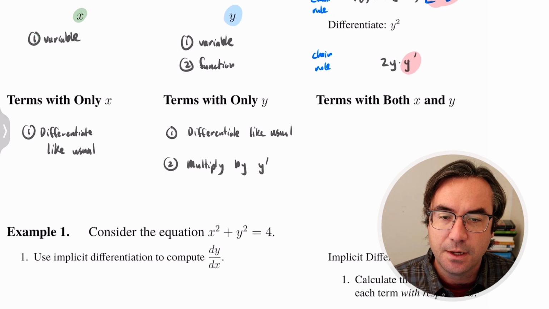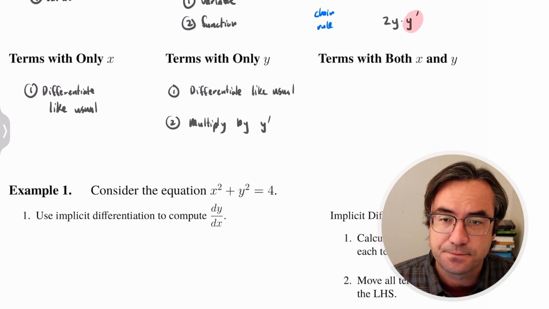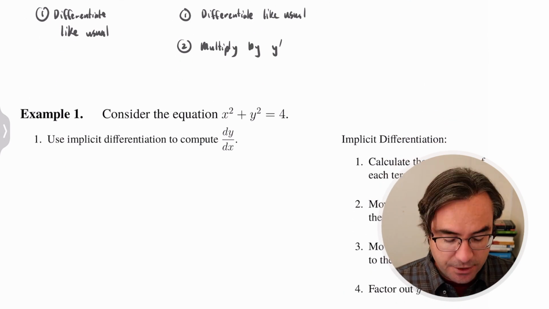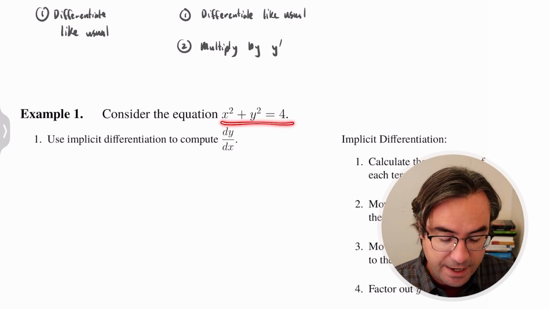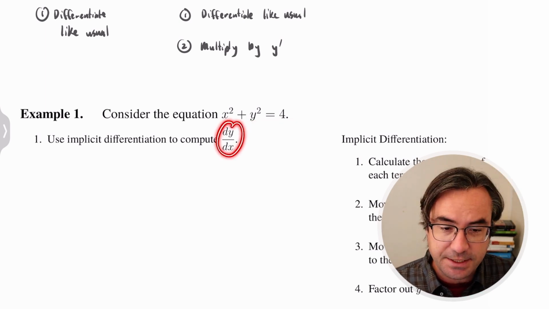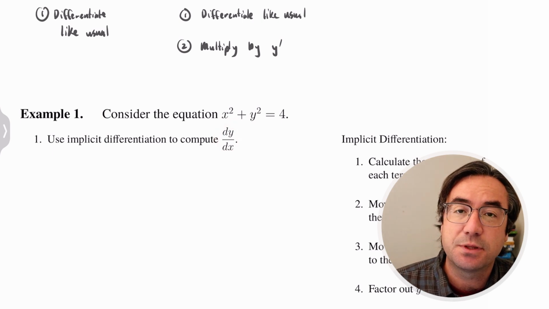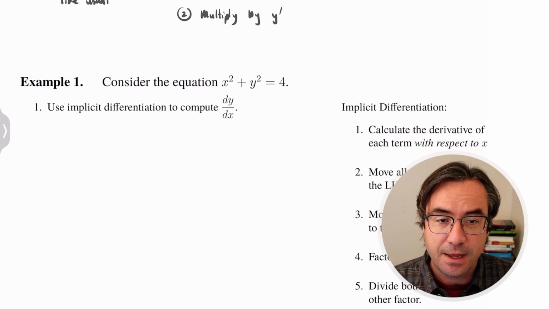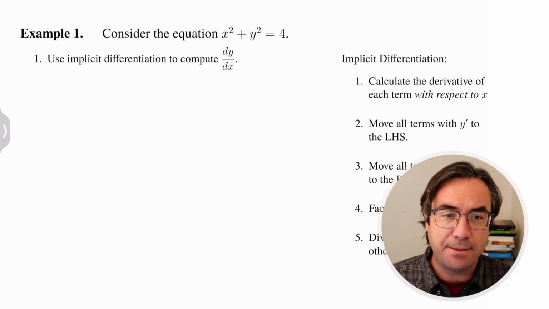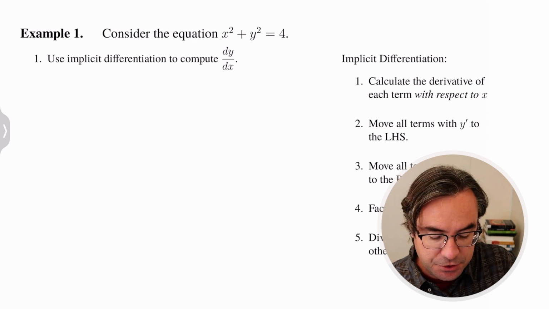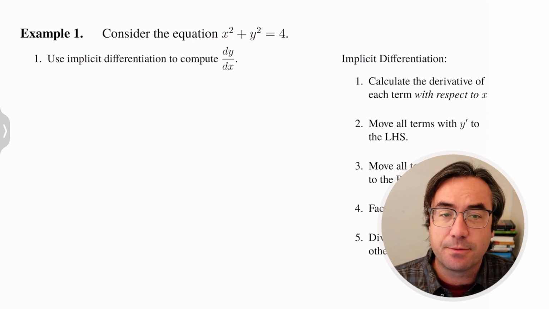Okay. So let's try an example. Let's look at that equation, x squared plus y squared equal to 4. We're going to actually calculate the derivative dy/dx using this implicit differentiation, and let's go through the technique. The first step is to apply the derivative to each term of our equation.